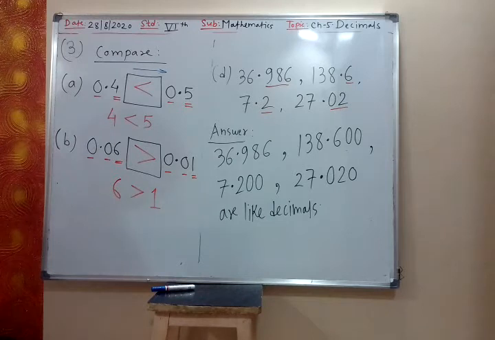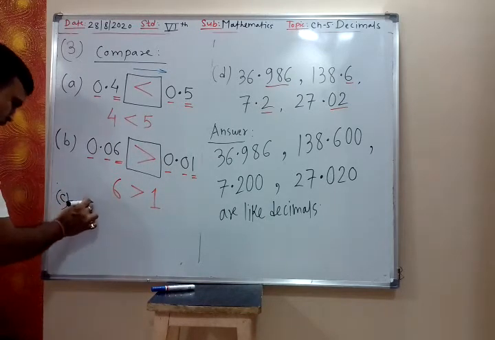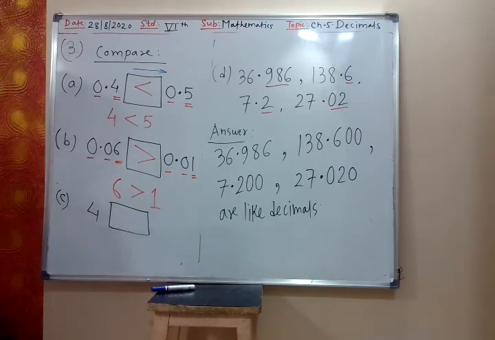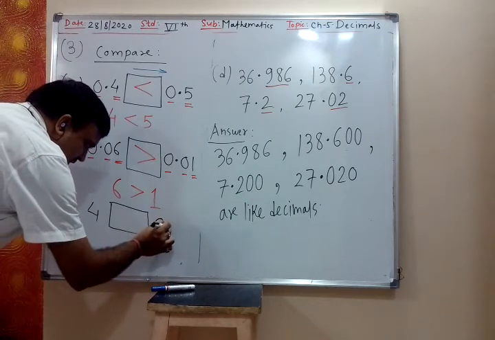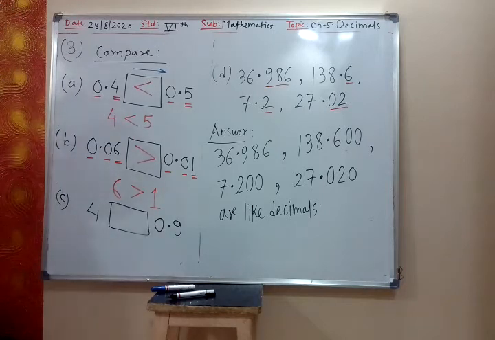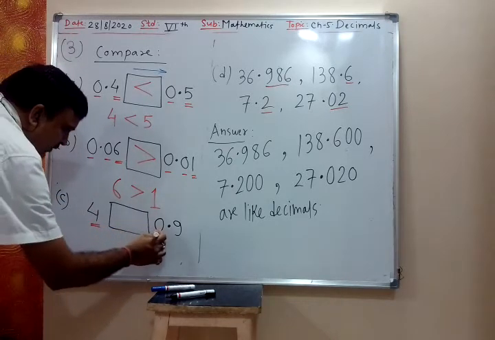Now see, 4, then box, 0.9. Now we compare the numbers. 4 means it is 4.0. This you remember. Whole part is 4 and whole part is 0. Which is greater?